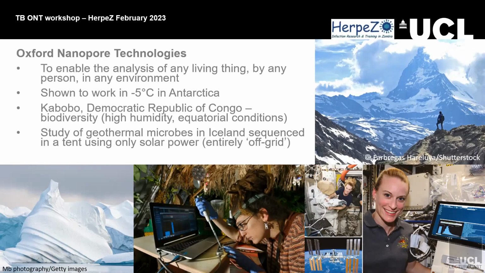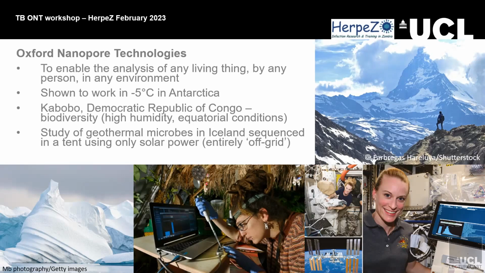Sequencing has been done, as we've shown, in the Antarctic and in the Democratic Republic of Congo during COVID. During the COVID outbreak, lots of sequencing was done in really remote regions because you can just take that little MK1C and the flow cells, just a little cartridge that you insert into it, which you'll see later on.